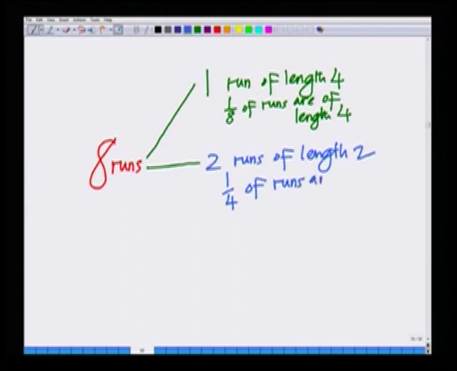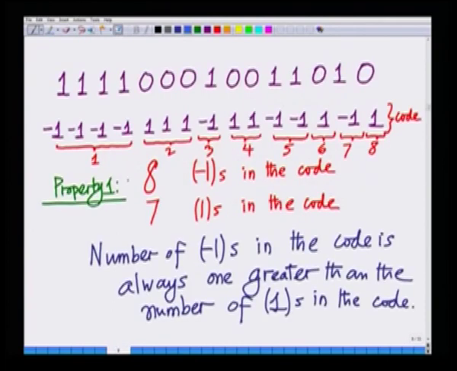And also now I have, you can count here, 1 2 3 4 runs of length 1.